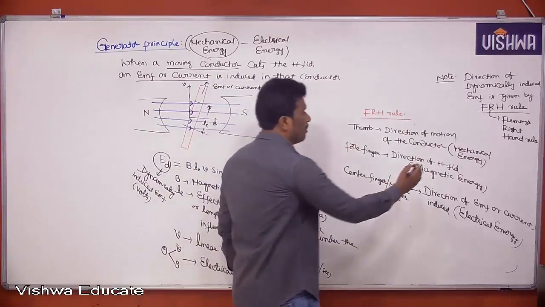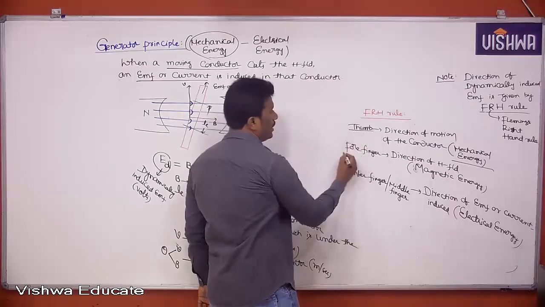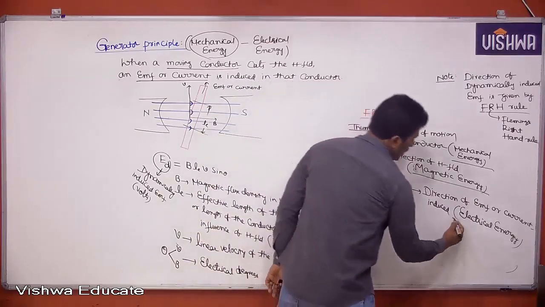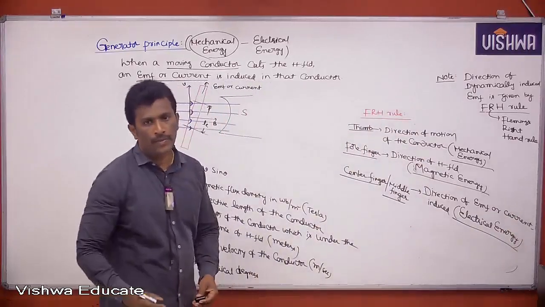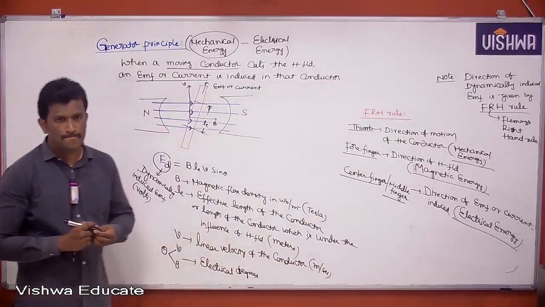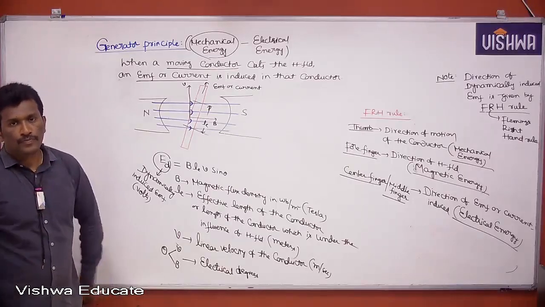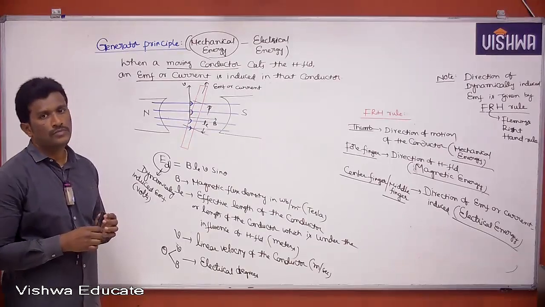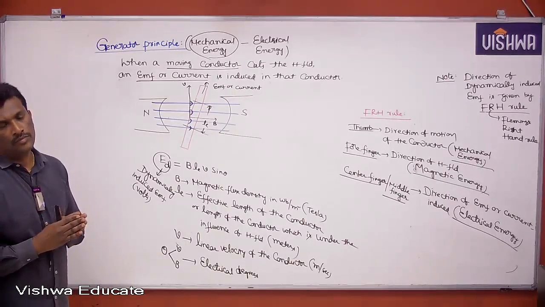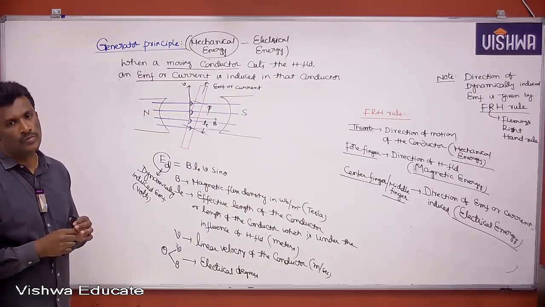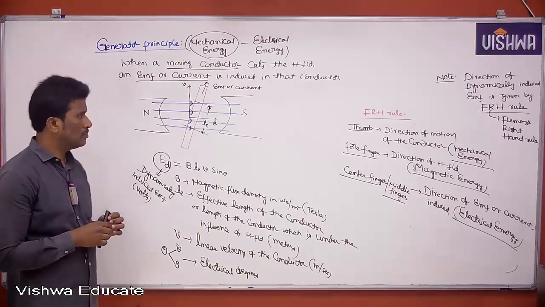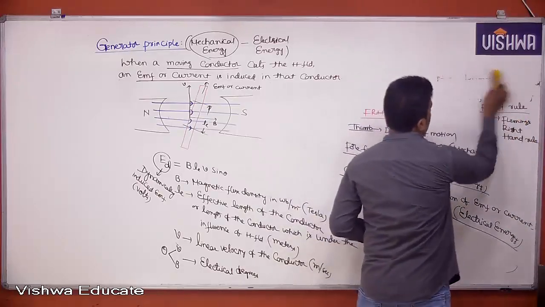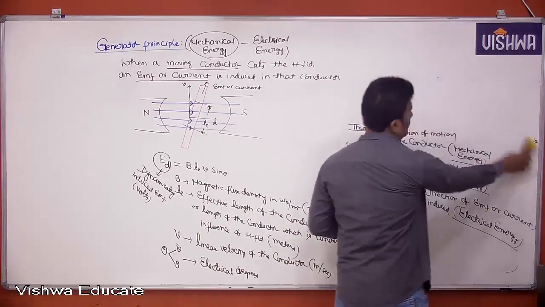So the thumb indicates mechanical energy, the forefinger indicates magnetic energy, and the center finger or middle finger indicates electrical energy. Okay, please note this. This portion you have already drawn here, so please note down the remaining things.